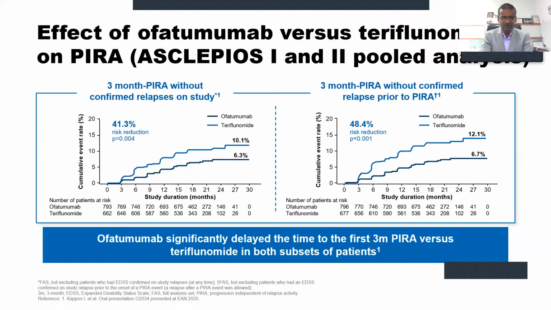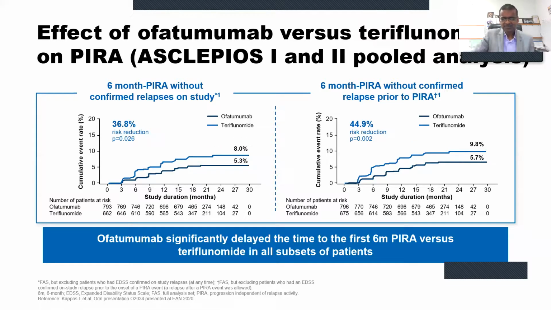There is another study on ofatumumab versus teriflunomide on PIRA. And here also we can see ofatumumab is about 10.1% versus 6. And at the end of 3 months, 12 versus 6. So ofatumumab significantly delayed the time to the first 3-month PIRA versus teriflunomide in both subsets of patients. And something similar we can see here also.